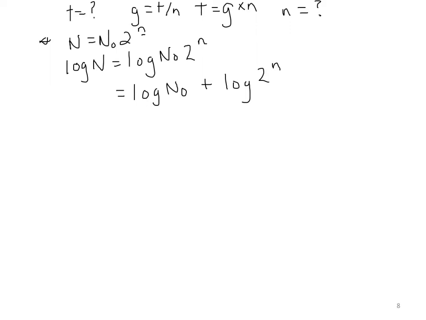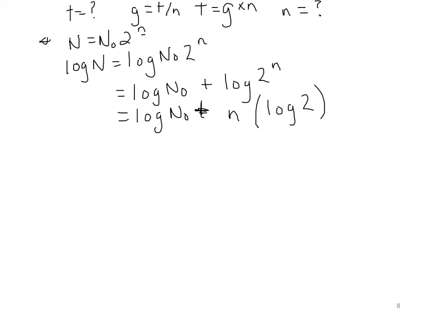This is where we're going to get it down in a non-exponent form. We're going to say log N naught plus, it's a plus sign, move the exponent down, N, okay, times log 2. And now we're in business because we've got N down in a form where it's no longer an exponent and we can deal with it.